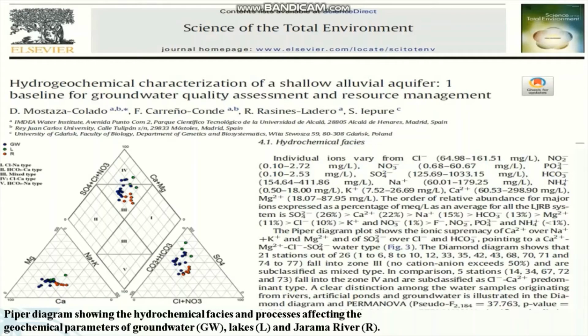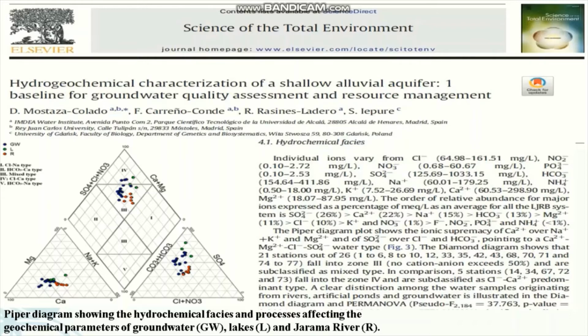So here a Piper trilinear diagram is used by, this article name is Hydrogeochemical Characterization of a Shallow Alluvial Aquifer. This is the title, Baseline for Groundwater Quality Assessment and Resource Management, which has been published in Science of the Total Environment, Elsevier publication.